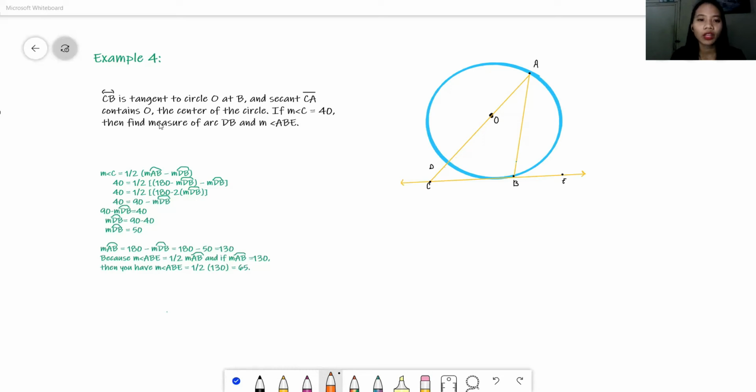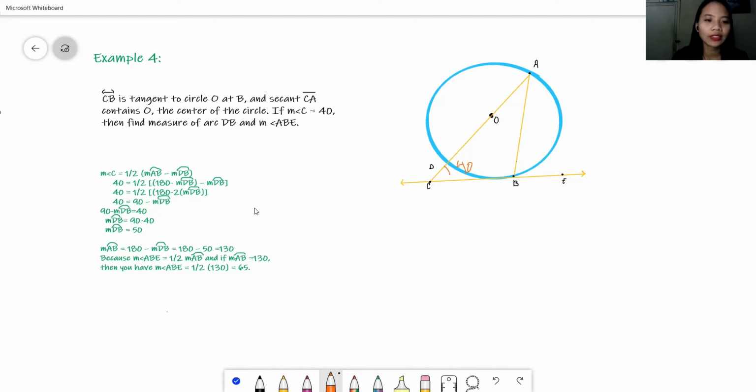If the measurement of our angle C here is 40, then find the measurement of arc DB and the measurement of angle ABE.